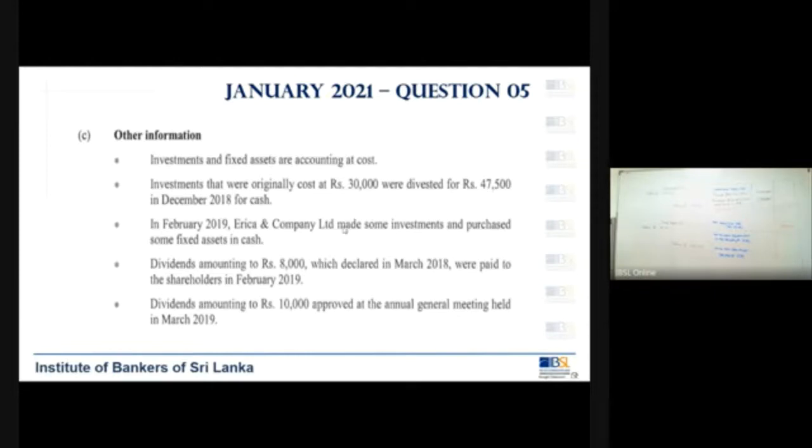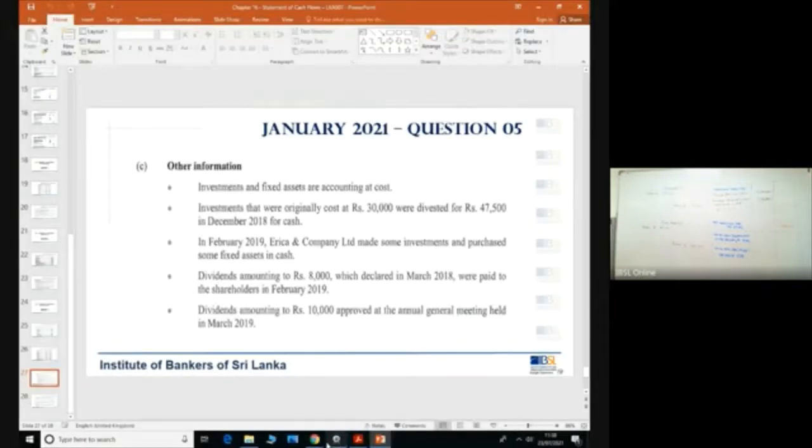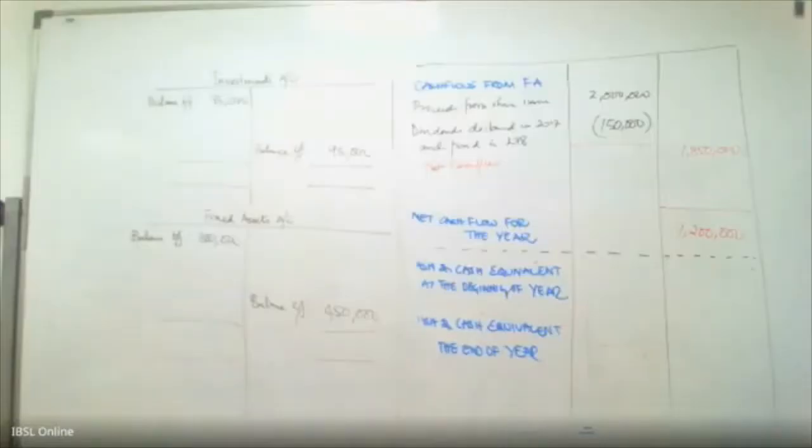So when you divest, what happens? We'll go to the T account. When you divest, the investment will go out. So how much is it?